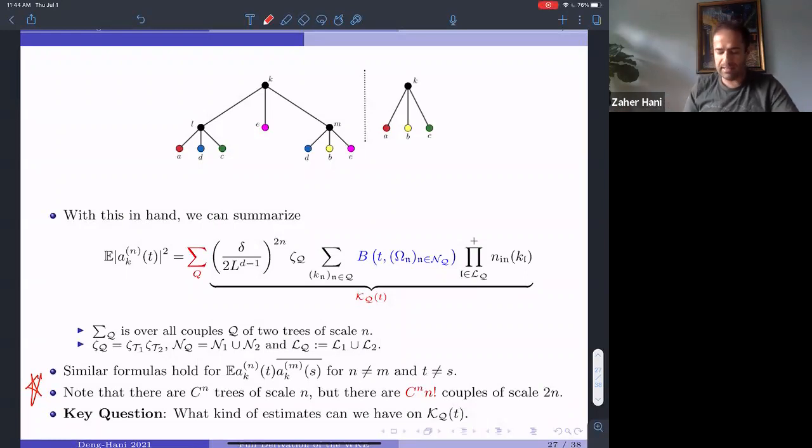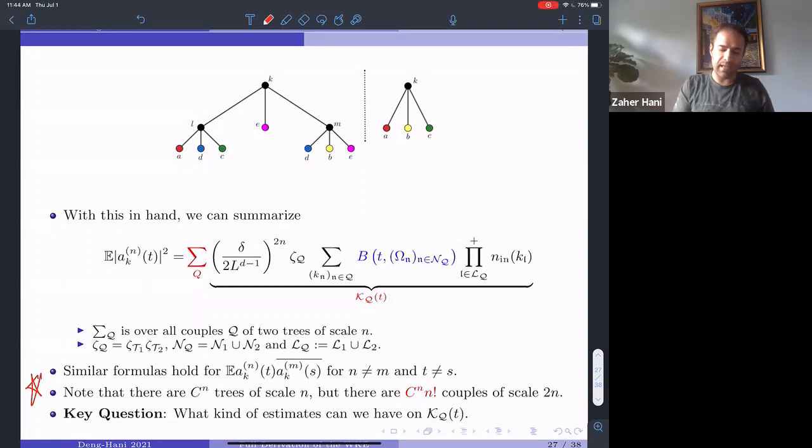So what this means is that even though there's an exponential number of trees, the number of couples is factorial. And throughout this proof, anything that is exponential is harmless, is nice to us. Anything that is factorial is very dangerous.